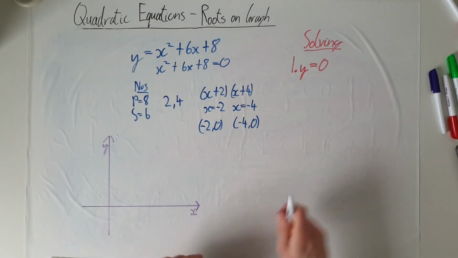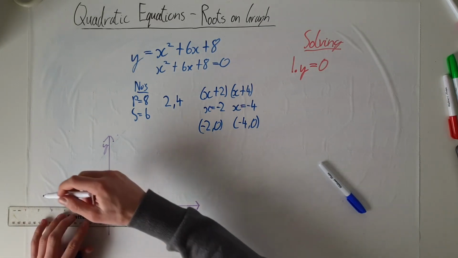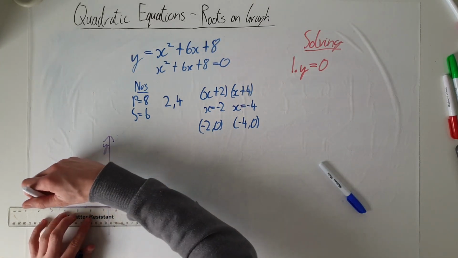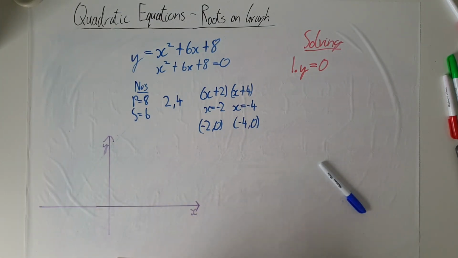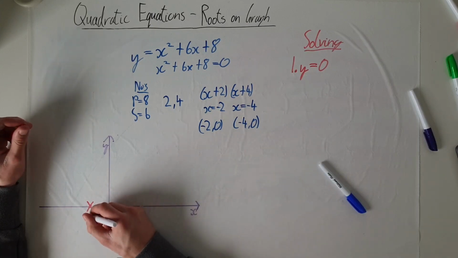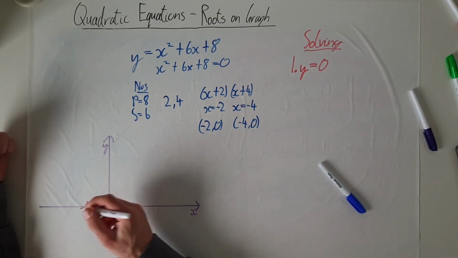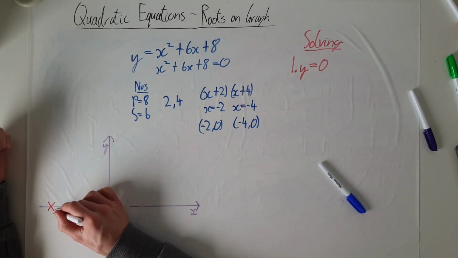So then using this, we actually know now where on the graph we have our roots. Our roots are here at about minus 2, and then here at about minus 4.